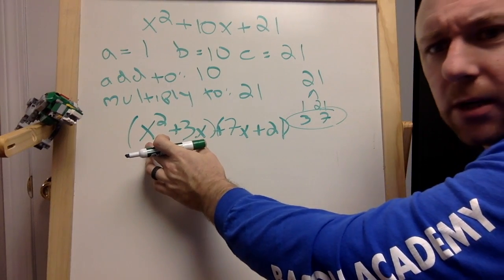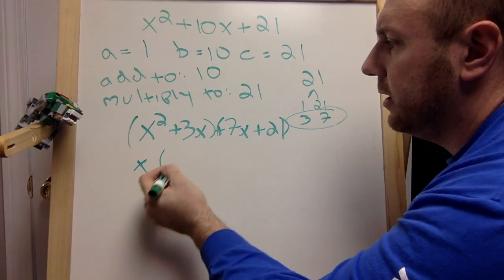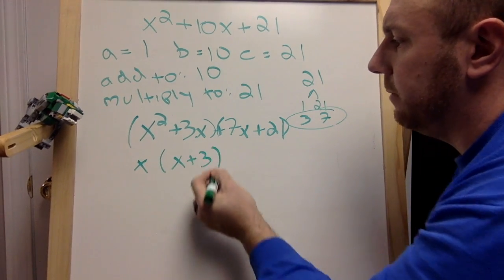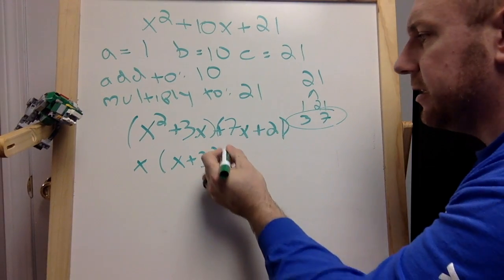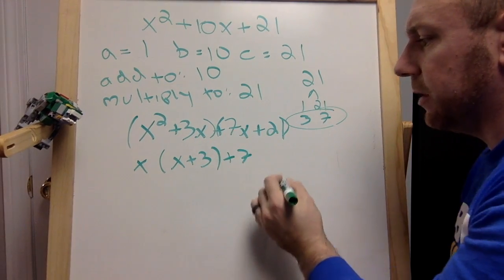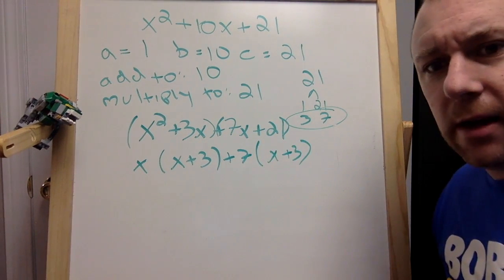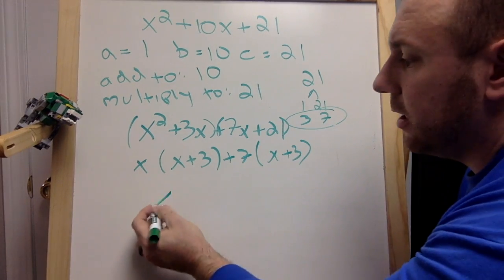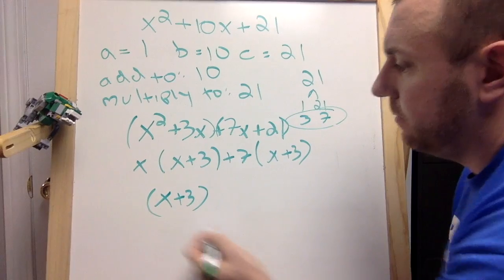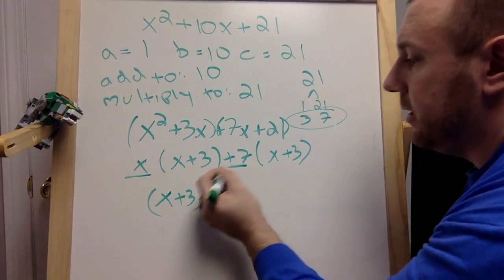So the common term here, the GCF here, is x, and I'm left with x plus 3. And the common term here is 7, so it's a positive 7, so I'm going to write plus 7, and then it's x plus 3. And then, if you remember, these two parentheses match, they come down into one parenthesis, and then these become the other.